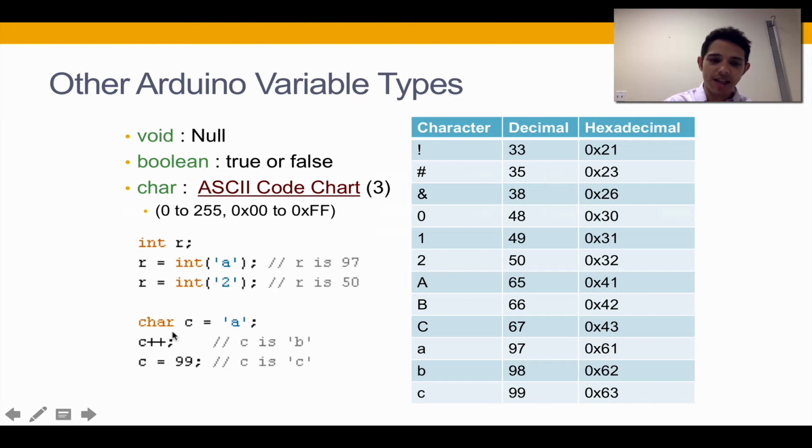Alright, let's consider a slightly different example. Suppose I define a different type of variable. Its name will be C for a character. It's going to be of type character, and I'm going to initialize it with the character A. Okay? Now, if I do C++, that basically means I'm going to increment the value that's in this variable C, which it turns out to be A, the character A, and I'm going to increment it by 1.